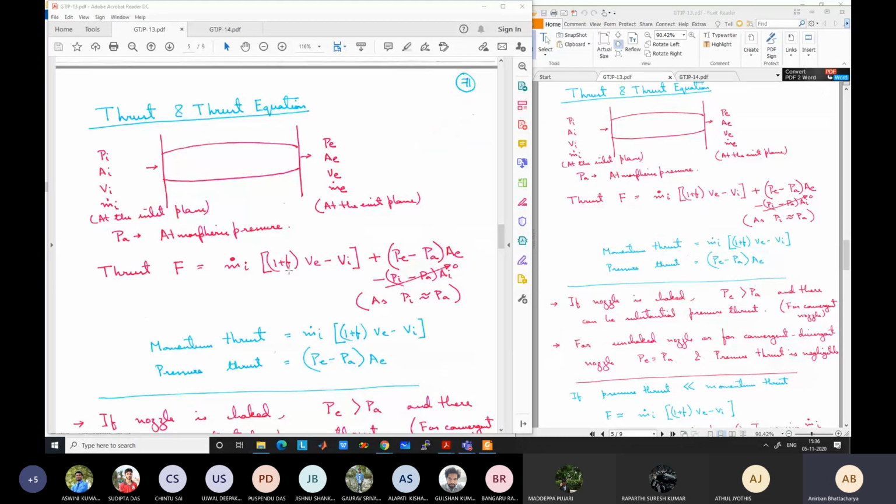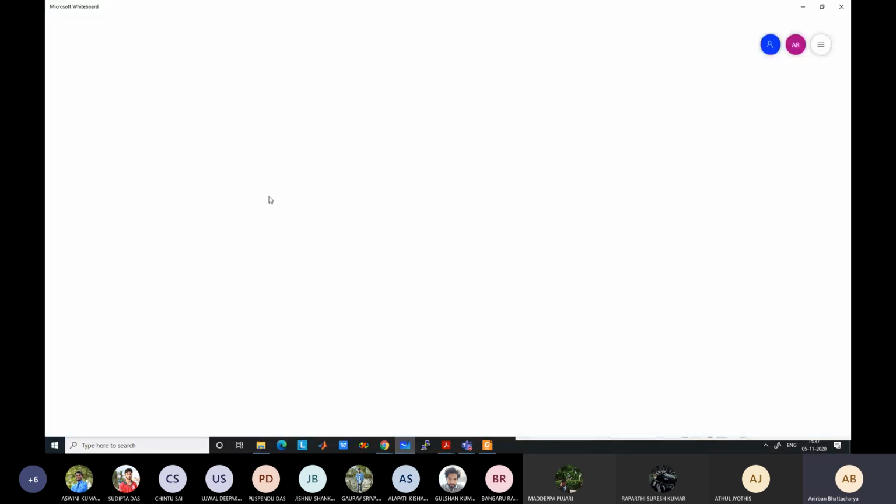The second term we have denoted as pressure thrust. What is the reason for this pressure thrust? We have discussed that if the jet engine has a convergent nozzle instead of a convergent divergent nozzle, something like this, from yesterday's class.